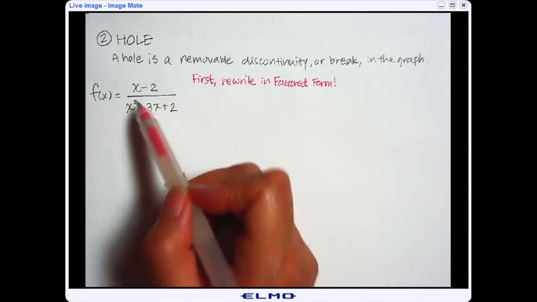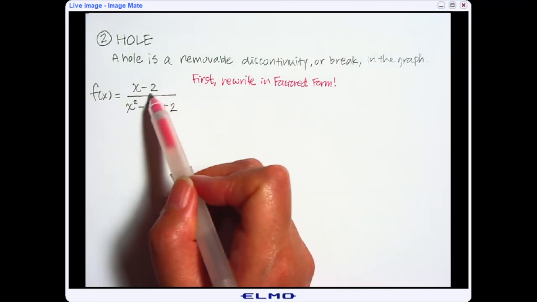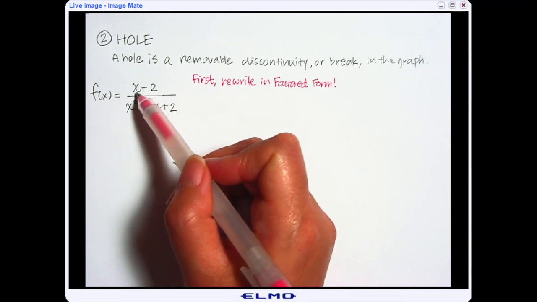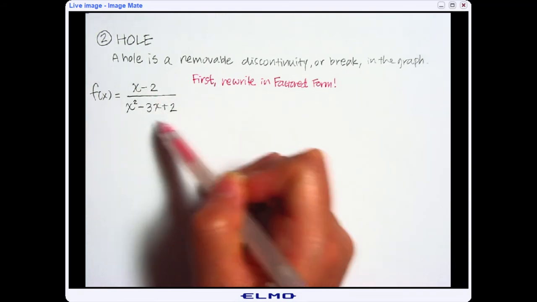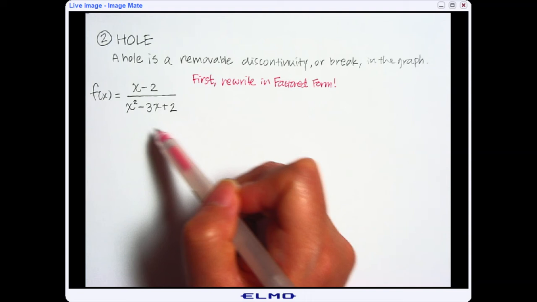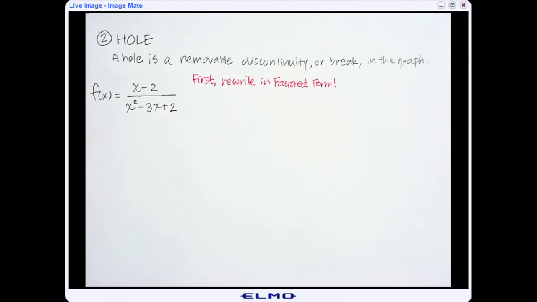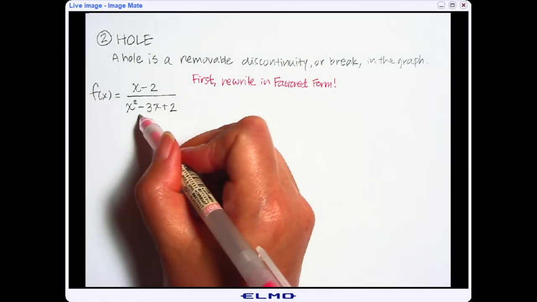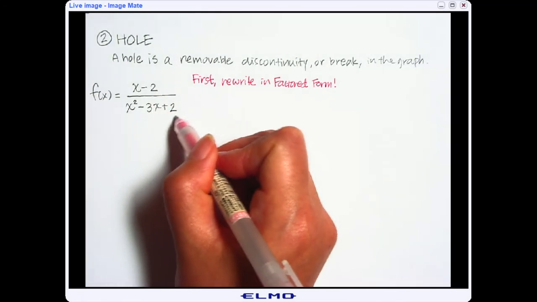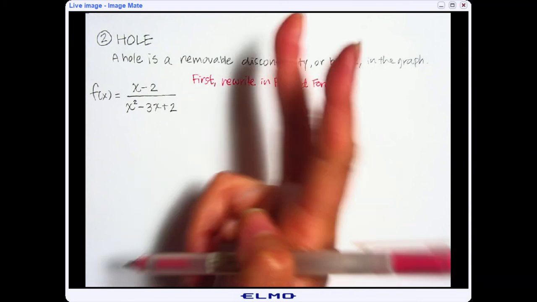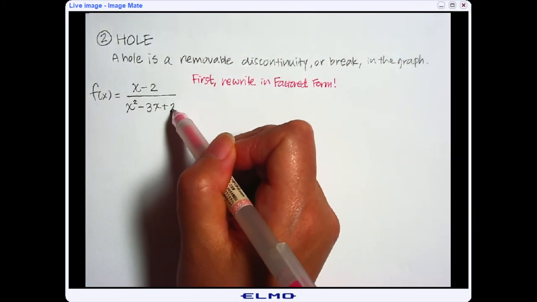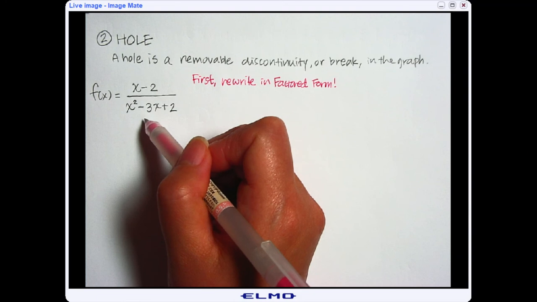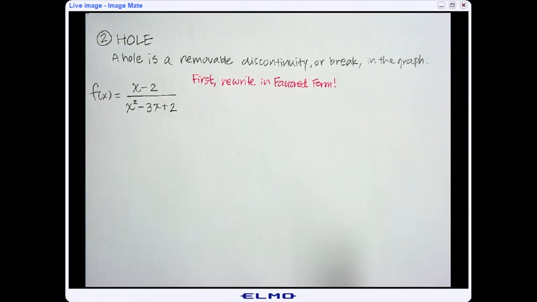Now, there is no factorable part in the top, but I do see this is a factorable trinomial here. So look at it. -3 here, +2 there. So now I have to look for two numbers that multiply to be +2 and add together to be -3. So what are those?